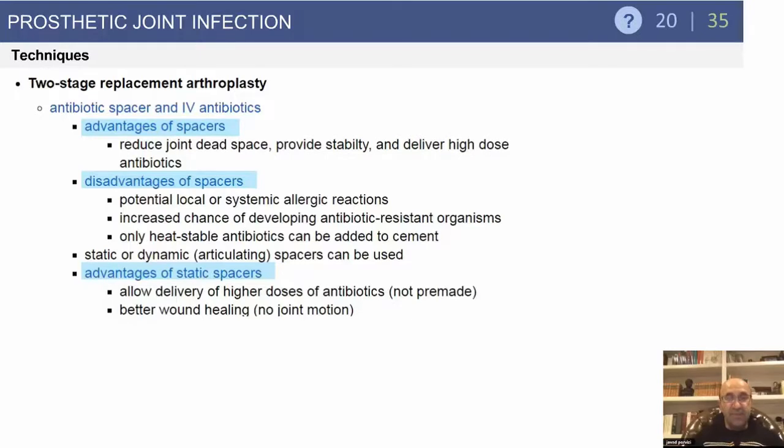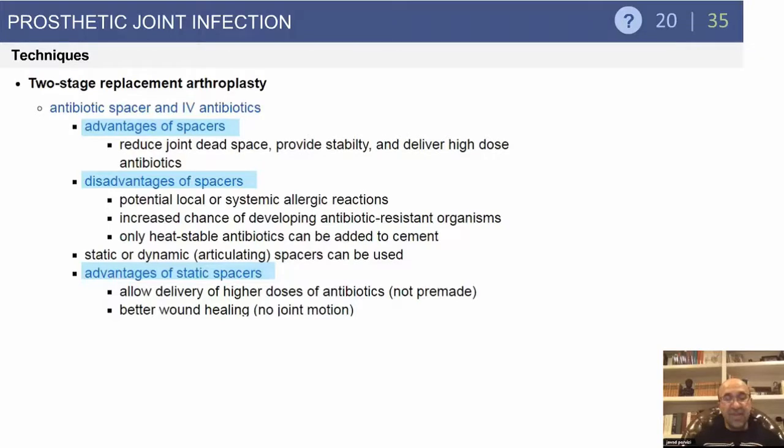The spacer can be either static or dynamic, articulating, and there are pros and cons to each of those. But the most important appeal of dynamic is that it allows the patients to bend the knee to some extent and become functional with the hip, but they can dislocate, they can fracture, and they can certainly dislodge.